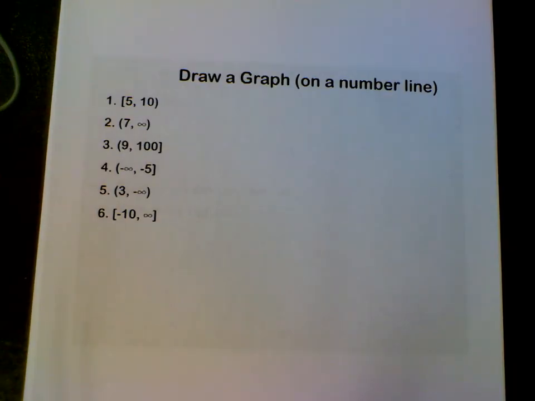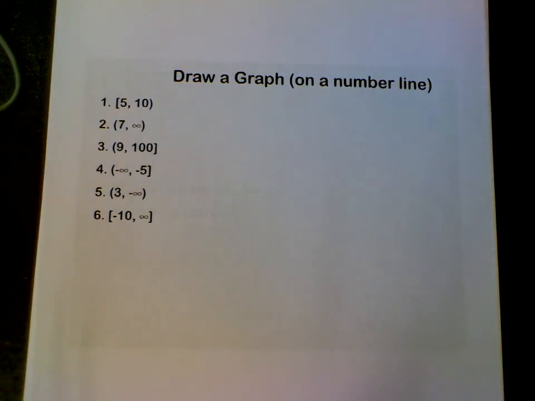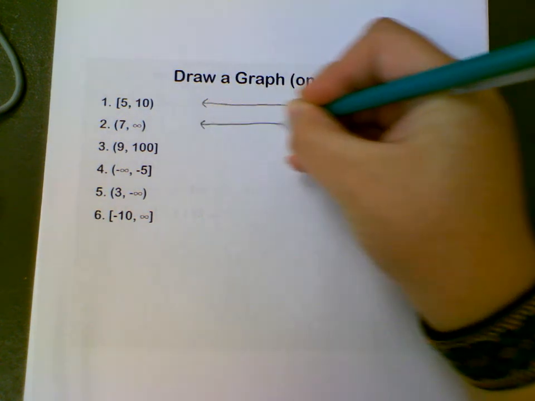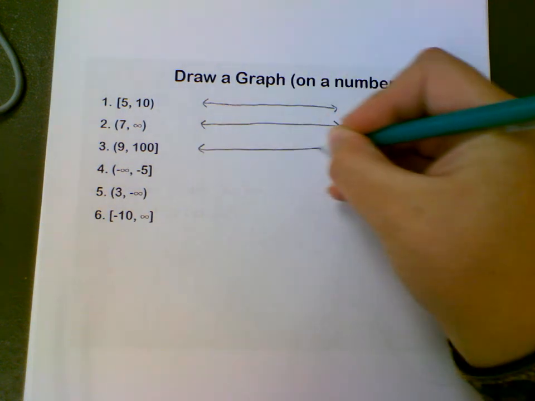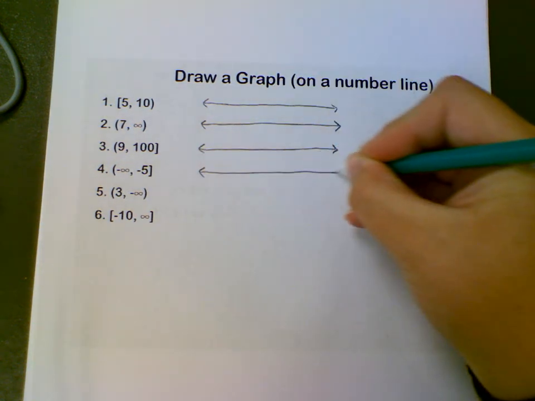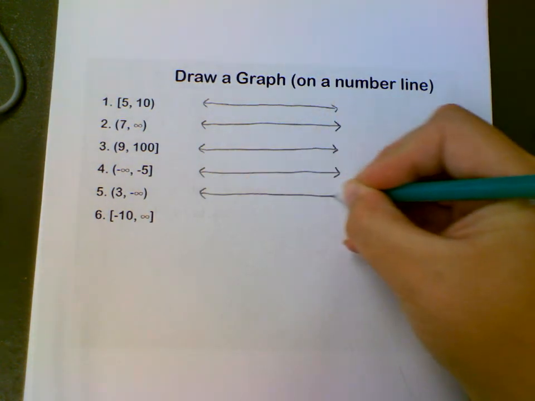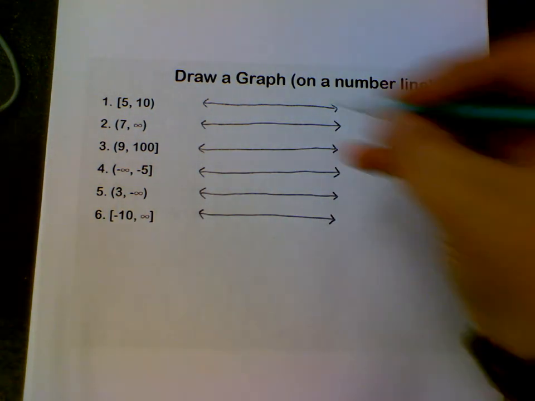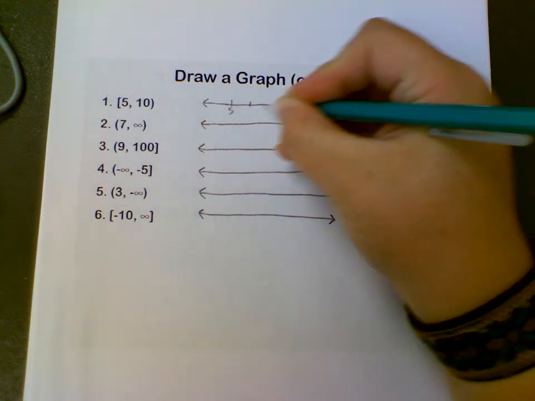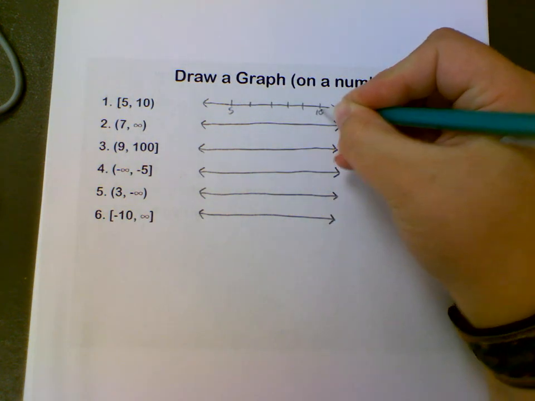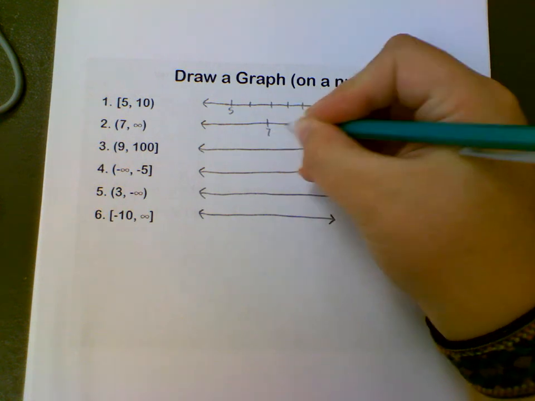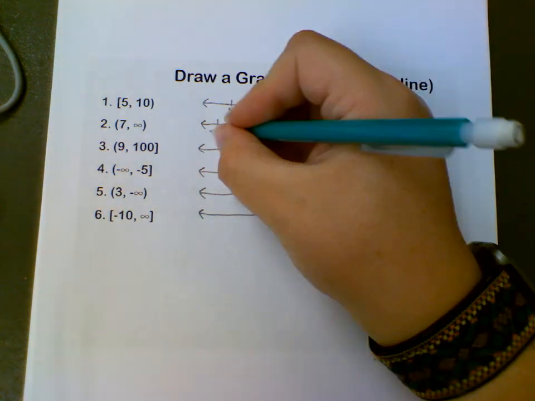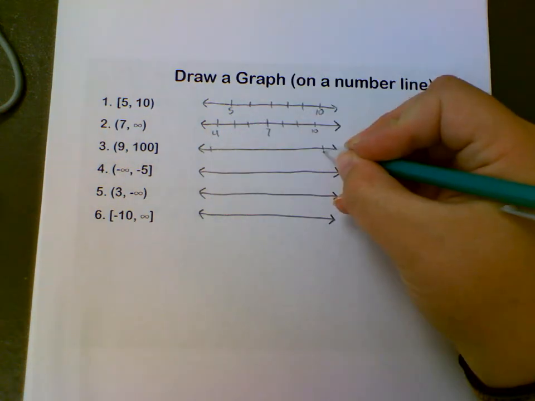And now we're also going to talk about how these translate into a number line. So I'm going to draw myself some quick number lines here. All right, first one, my important numbers are 5 and 10. So I need 5, 6, 7, 8, 9, 10. Second one, my important number is 7. Number 4, here I have 9 to 100.